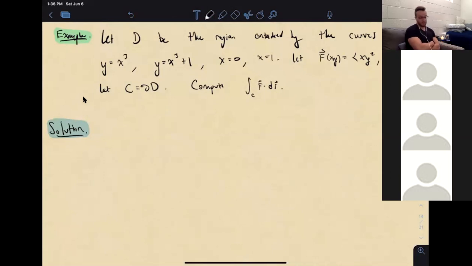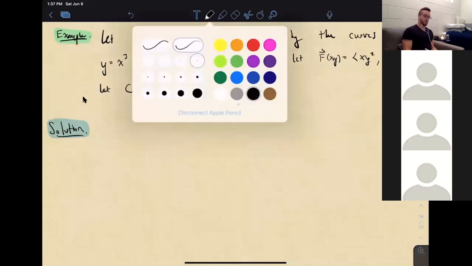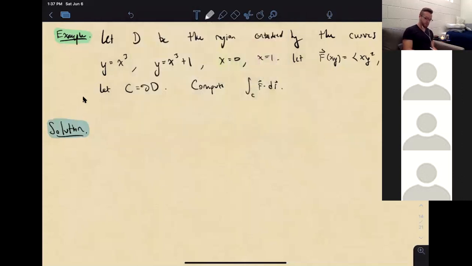Then we have a vector field, and calling C the boundary of this region D. And the goal is to compute the line integral of f over this curve. So as usual, I'll let you think. I'll draw some pictures.